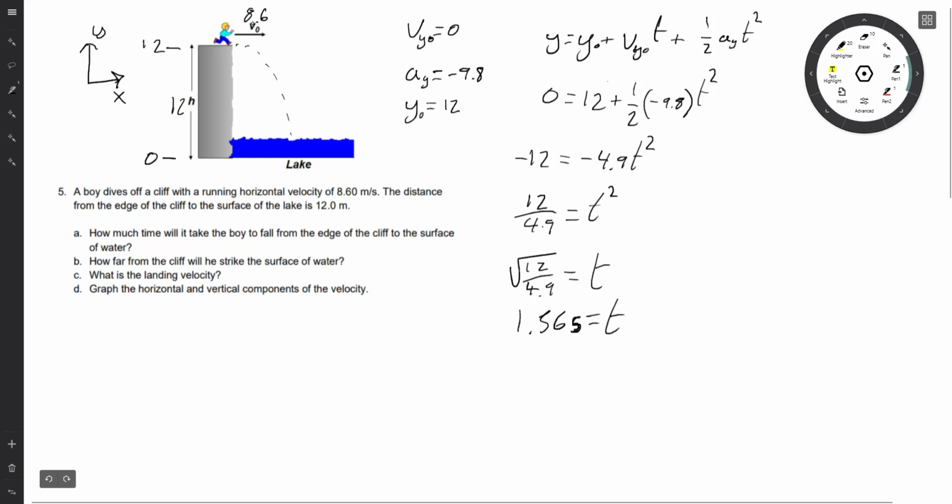Notice that I did not include any of the 8.6. The 8.6 was a non-used value because that's just the boy's initial horizontal velocity, and his initial vertical velocity is actually 0. When we're looking at our vertical drop in height, the only thing that's going to concern us is our vertical components.